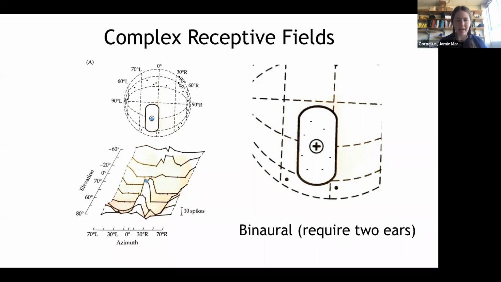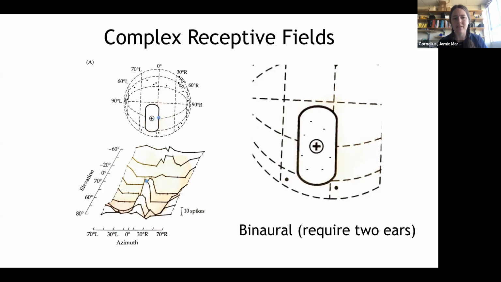Basically, if you move that receptive field or an electrode, say, sorry, you're listening to one neuron with an electrode, what you're moving is a sound in space. So you have a speaker producing a sound at that blue dot, which is in the middle of its excitatory receptive field. But then you move the speaker a little bit closer to center.